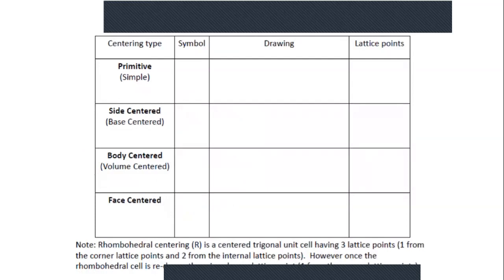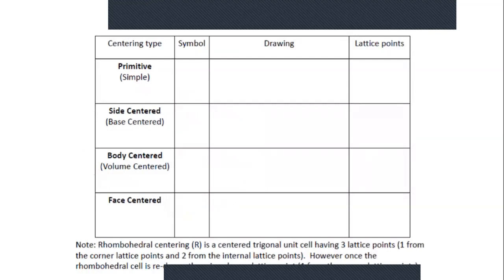So here, just to give you an idea of the different types of centering, we have primitive. The primitive symbol is P. So whenever you see a unit cell that starts with P, it's going to be a primitive unit cell. Now what does a primitive unit cell look like? It looks like this.